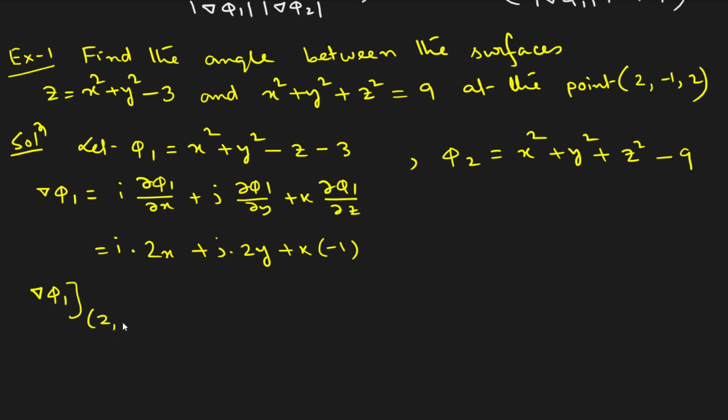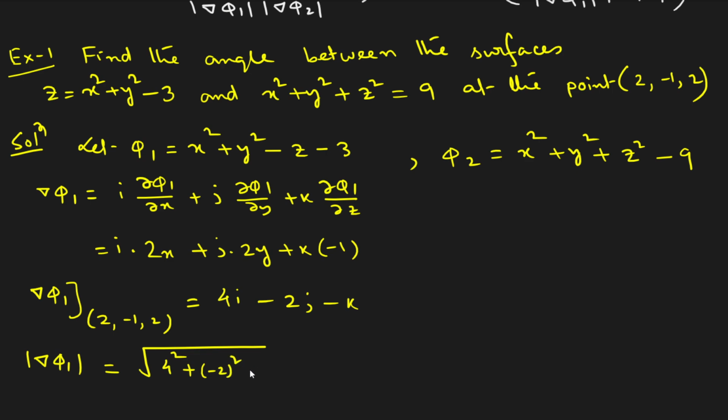The point is (2, -1, 2). If you put this value, it will be 4 i cap, y is how much? Minus 1, so minus 2 j cap and then minus k cap. So nabla phi 1 is done. Also we have to find the magnitude of grad phi 1, which is root over 4 square plus (-2) square plus (-1) square. If you calculate it, it will be 16 plus 4 plus 1, root over 21.